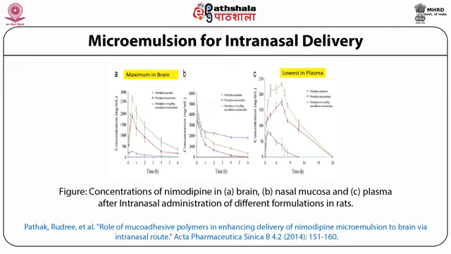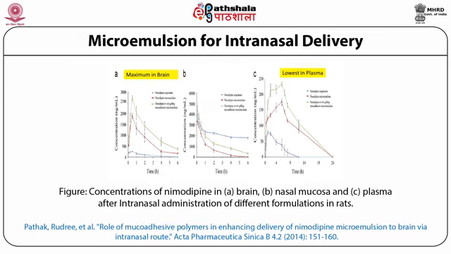These findings pointed out that the total amount of drug, irrespective of the type of formulation, was higher in the brain when administered through the intranasal route. However, brain targeting is only possible when given in a microemulsion based delivery system.